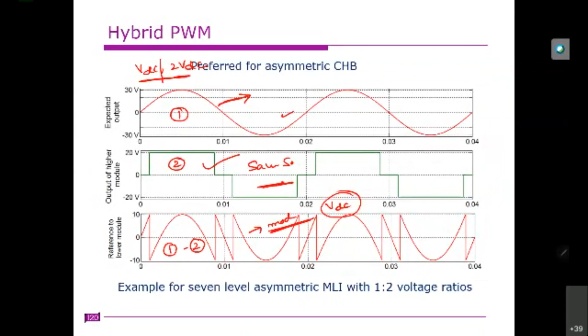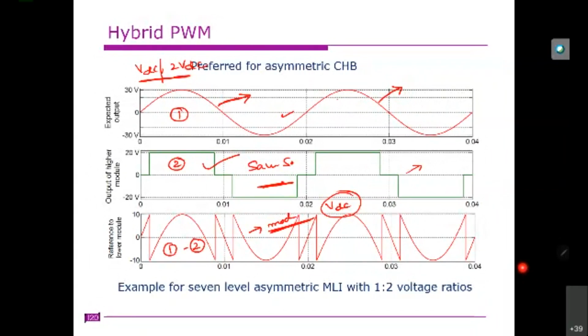This is the output voltage you required, so you'll produce a square wave within this output voltage, obtaining the maximum possible square wave voltage. Next, we need to find the modulating signal for the lower voltage H bridge.